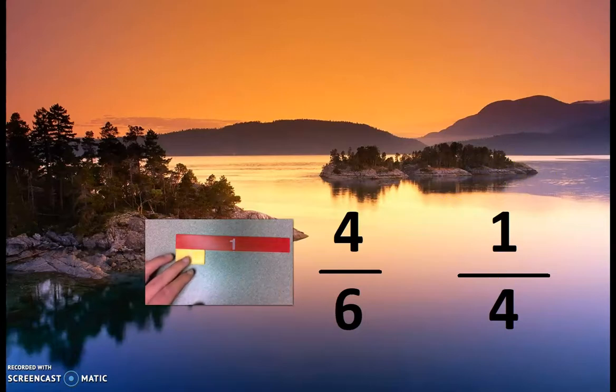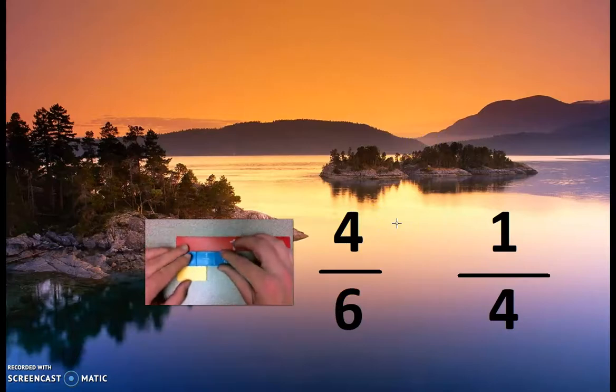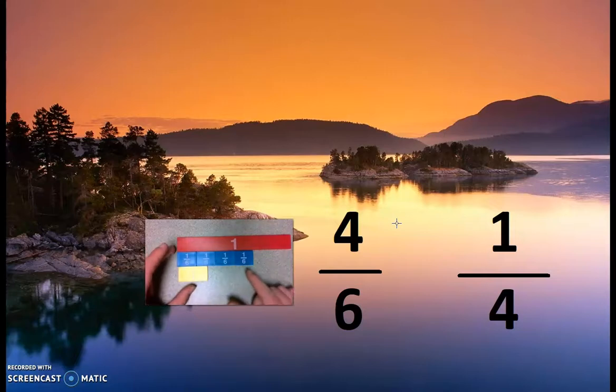So is 1/4 half of a chocolate bar? No, it's not. It's 25%, it's a quarter. Versus, we said 4/6 is over half because 3/6 is half. So 4/6 we know is more than half. So we know that 4/6 is greater than 1/4.